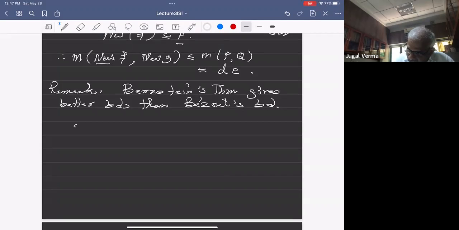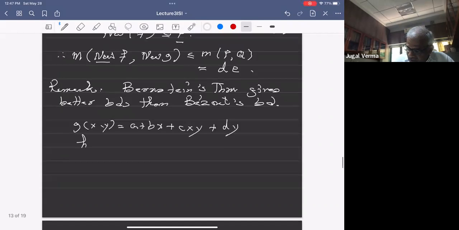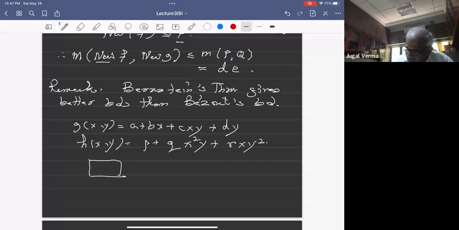Just take our G, which I introduced earlier, a plus bx plus cxy plus dy, and H equal to p plus q x square y plus r x y square. The Newton polygon of G is this square, and the Newton polygon of H is this triangle.